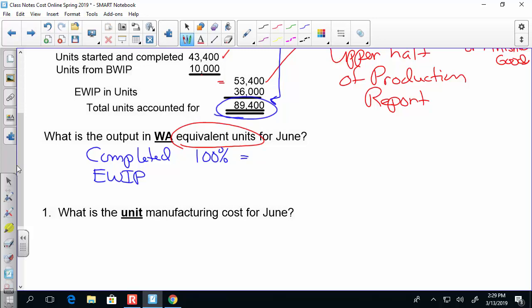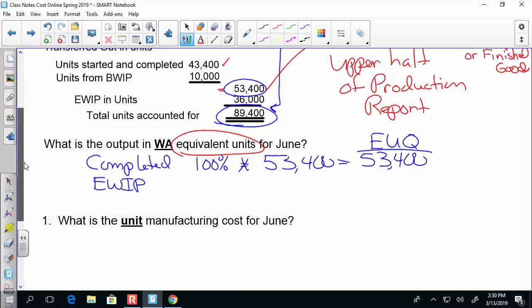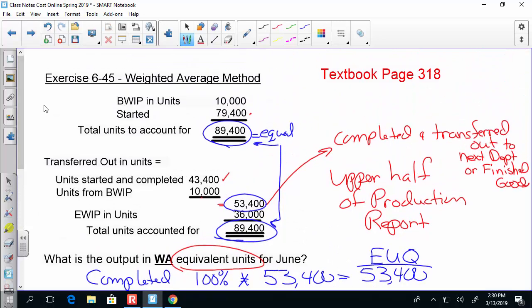Completed units were 53,400, so 100% times 53,400 is 53,400 in equivalent units. I'm going to abbreviate that EUQ. Now if we look at the percentage complete for this problem for the ending units, I don't think I mentioned it here, so let's jump to problem 45 in the book.